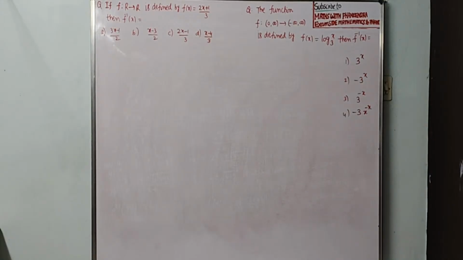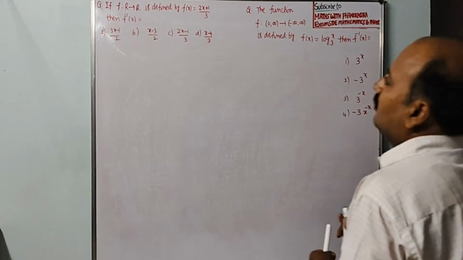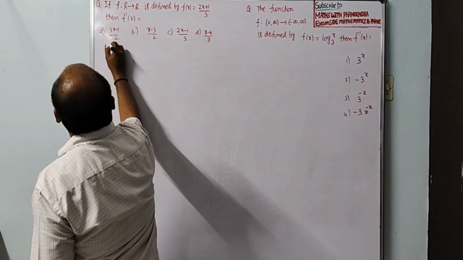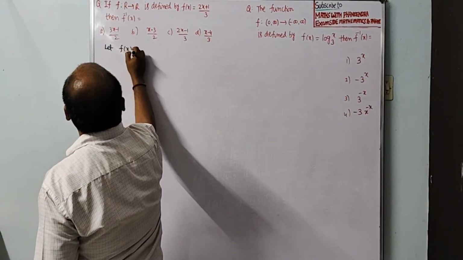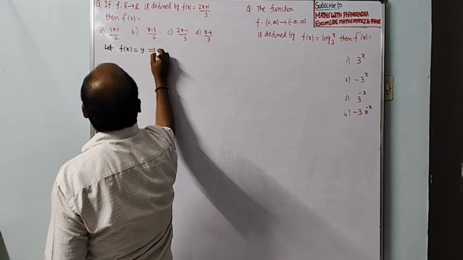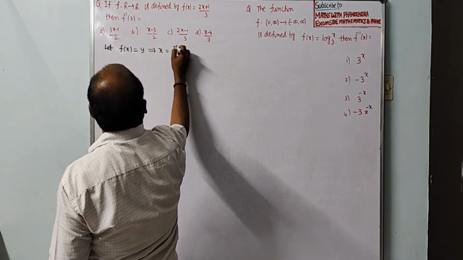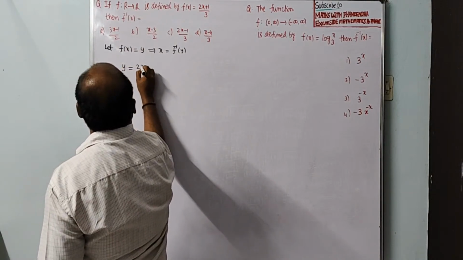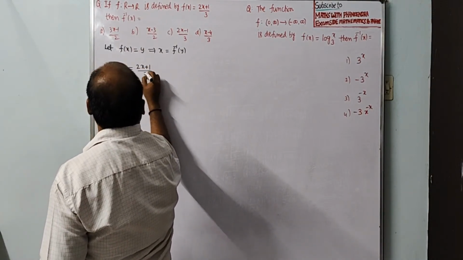So how to do this problem? Any idea? Both the problems we will do. According to the procedure, let f of x equal to y. That implies x is equal to f inverse of y. Therefore, y equal to 2x plus 1 divided by 3.